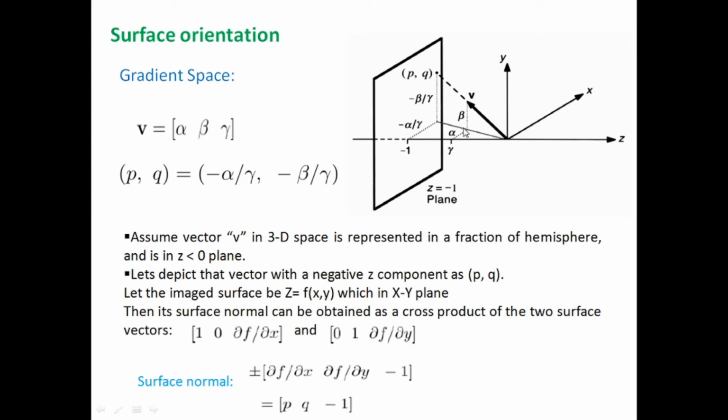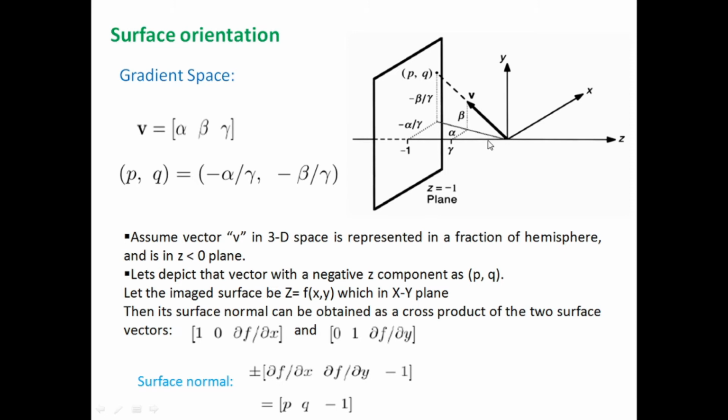So that means here the point V is moved alpha units from the z-axis towards the x-axis. This point V is moved beta units from the z-axis towards the y-axis, and this point V is moved from the origin gamma units.